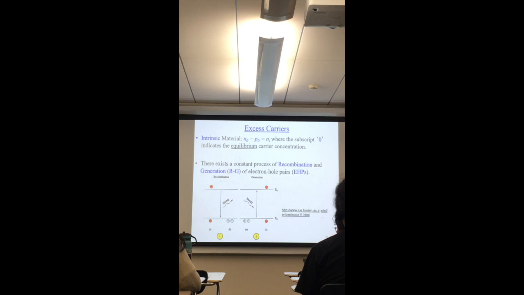The electron in the conduction band can go back to the valence band. So this electron and hole can combine, and then release certain energy. In real materials, these two processes always happen, so both exist.